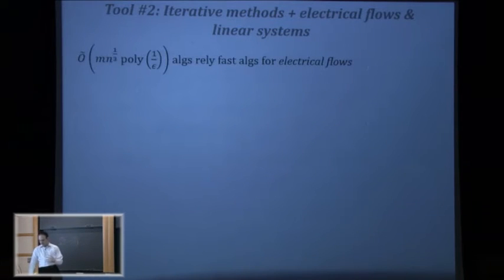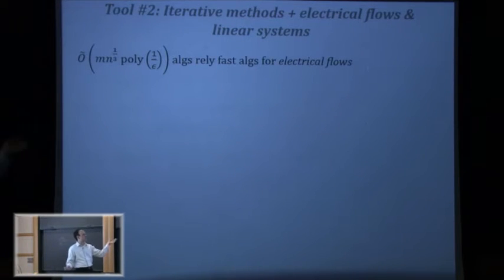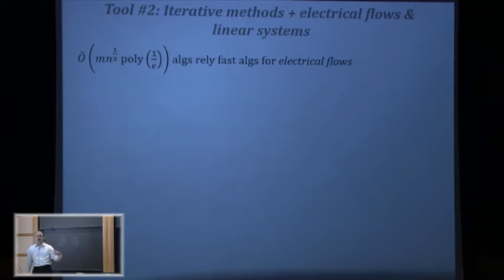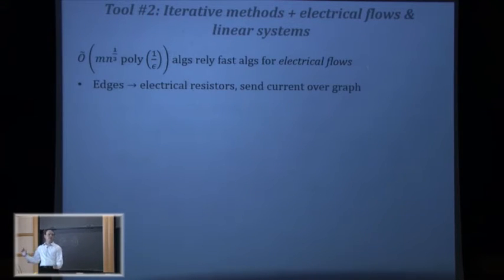I'll talk about iterative methods for flow problems. If you look at both of the m times n to the 1/3 algorithms for approximate max flow that preceded this, they all used electrical flows and the fact that you could compute them very quickly. Electrical flows basically say, take your graph, pretend that edges are resistors, somehow intelligently play with the size of the resistances, and route current through the graph, see what electrical current would do, and then do something iterative to make that into an actual max flow problem.